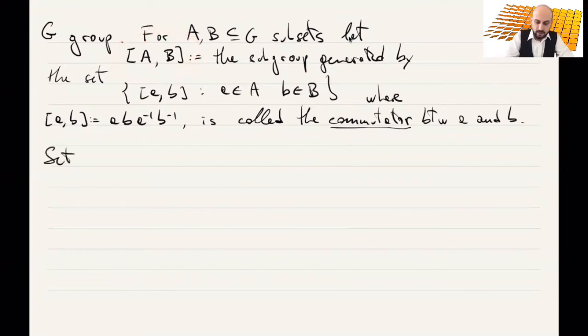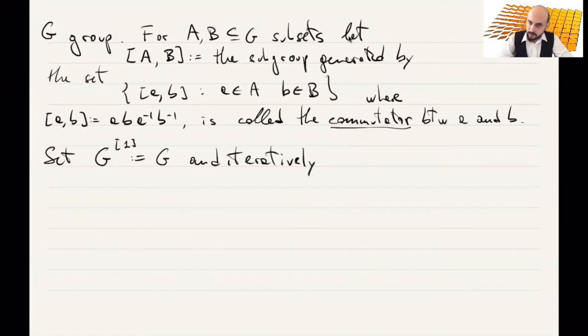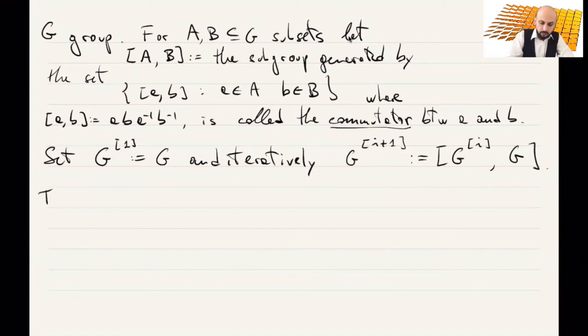Now, then we consider this sequence. So we set G_1 to be just the group G itself. And then iteratively, we define the (i+1)-th element of the series to be the commutator between the i-th element and the group G. So then we get a sequence.